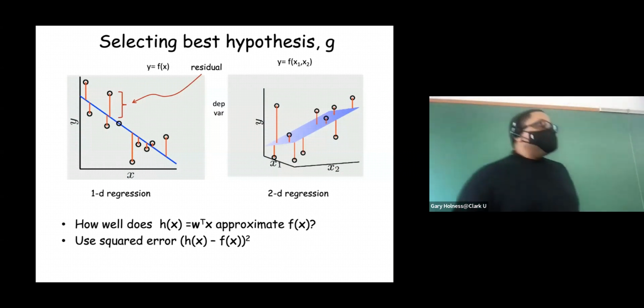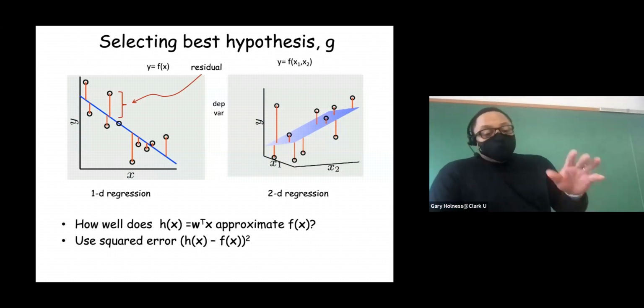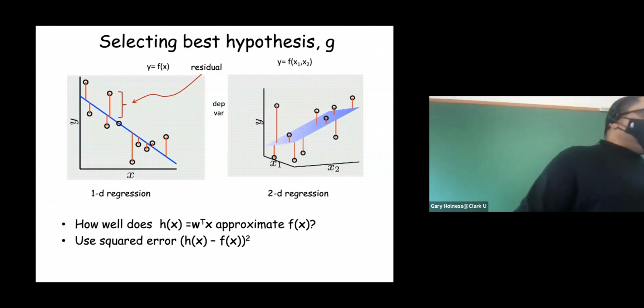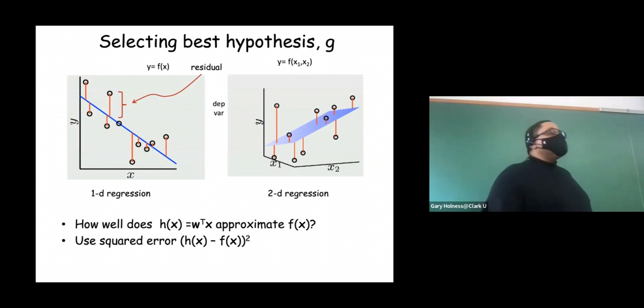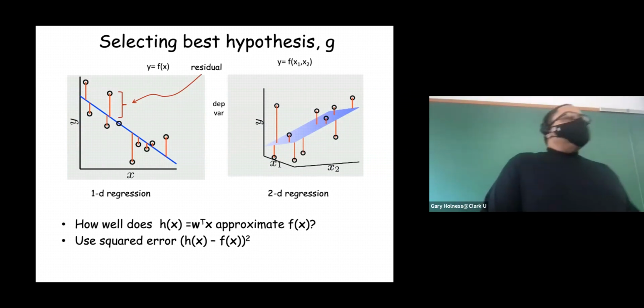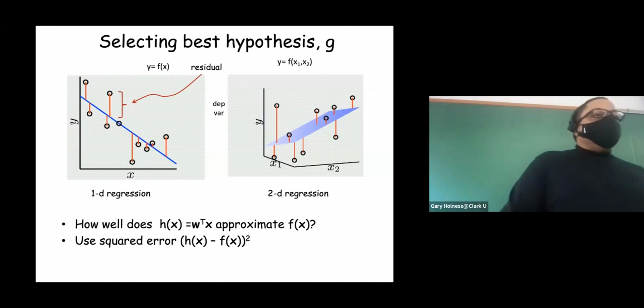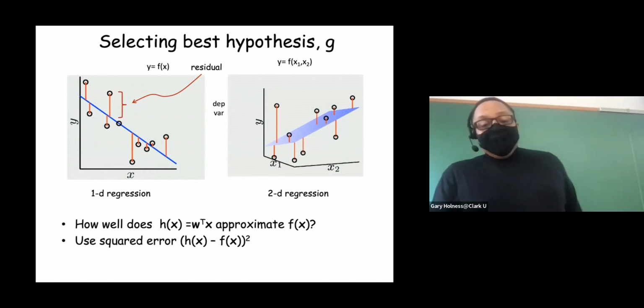Okay. Any questions? No? And so we talked about this idea of the residual, the difference between the output of the linear model and the real valued output assigned by the unknown target function. And we use a squared error loss function because we care about the distance and not the magnitude.